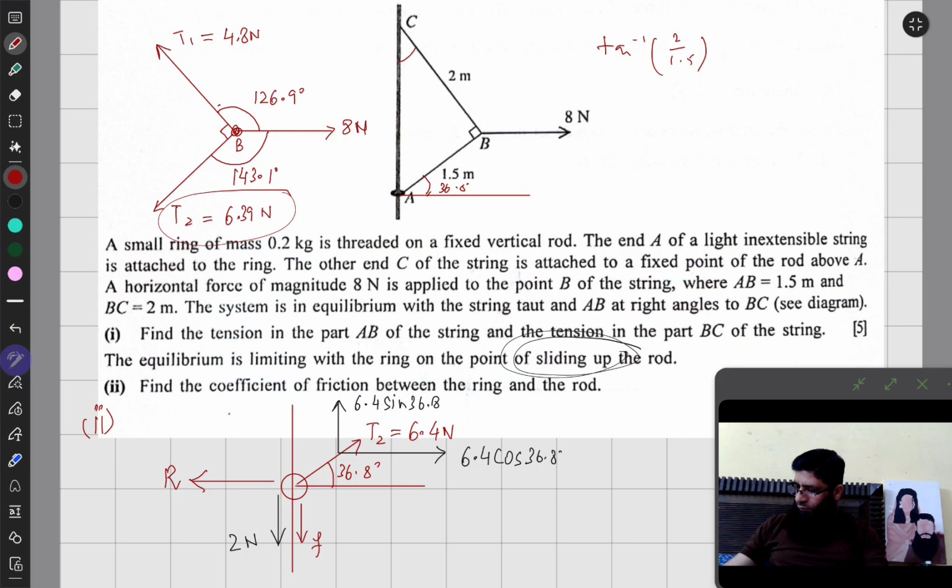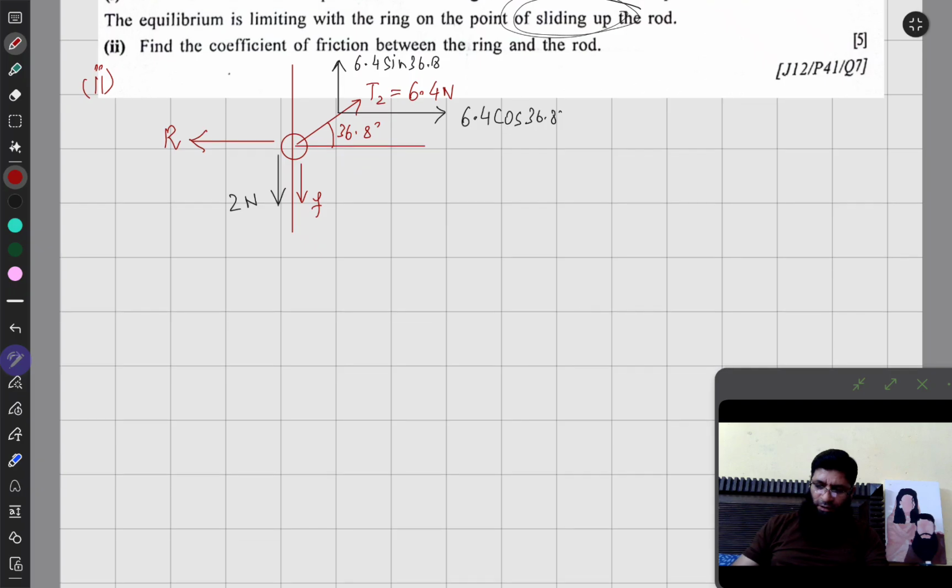So these are all the forces for this part. If you write all the vertical forces and horizontal forces, you will have these equations.